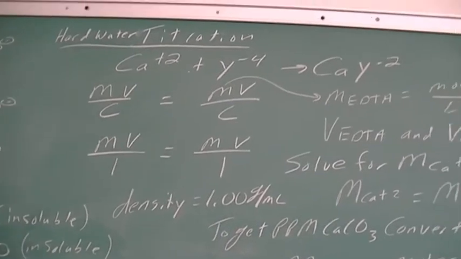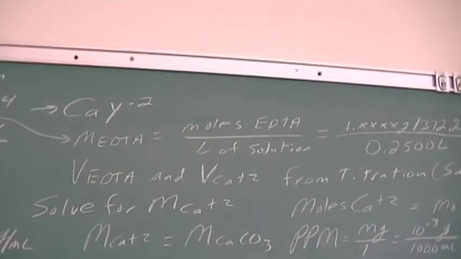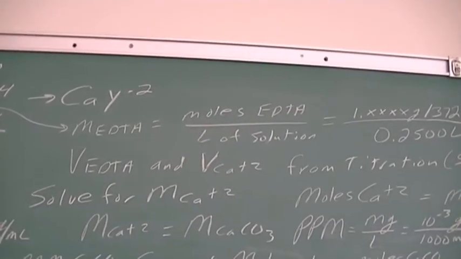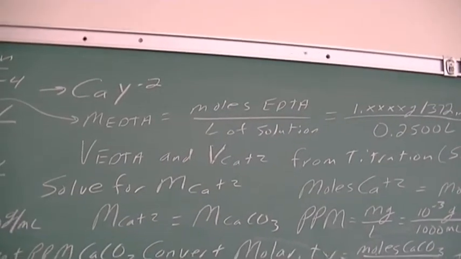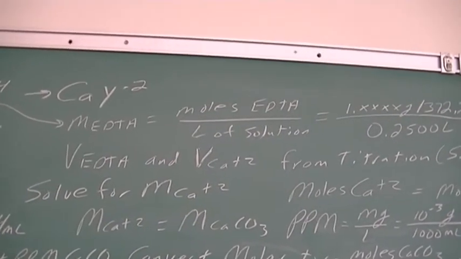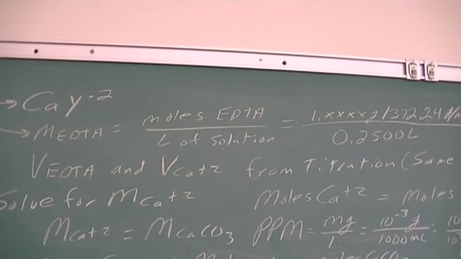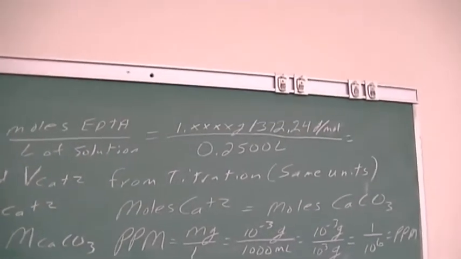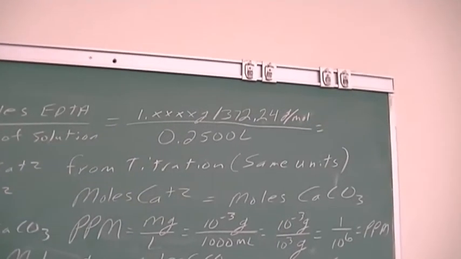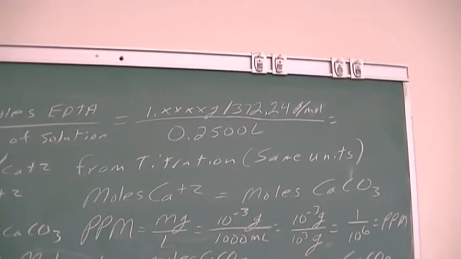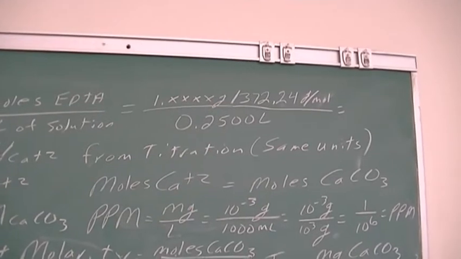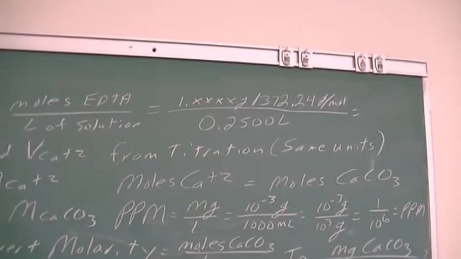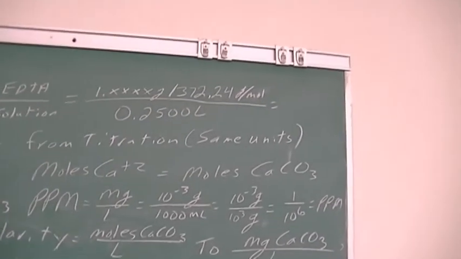Now we are going to make an EDTA solution. All right, and so we're going to calculate the molarity of our EDTA, which is moles of EDTA per liter of solution. And so in the directions it says to weigh out about 1 gram, but give it to 4 decimal places. So I have a 1 with the 4 x's there. We're going to have numbers there in a minute.